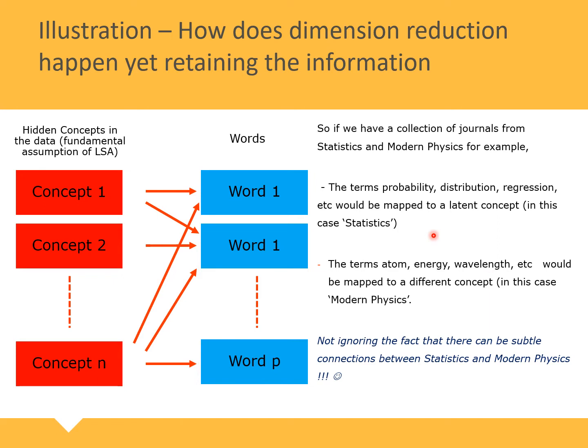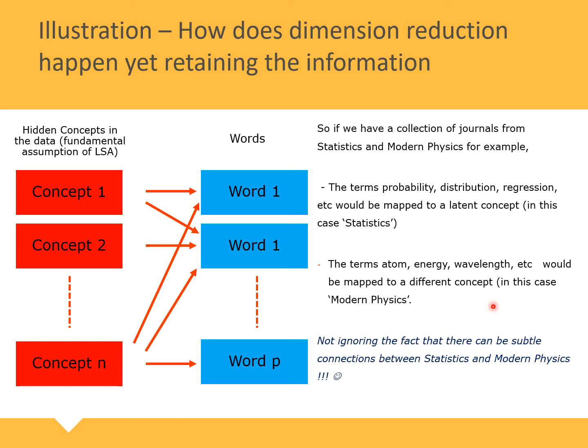Obviously at the onset you will not know that statistics and modern physics are the two hidden concepts, right? Because concepts are latent, they are hidden. It's not known to you what the contexts are. But by looking at the term co-occurrence structure, you can find the pattern that the terms probability, distribution, and regression are more likely to occur together in some documents, whereas the terms atom, energy, wavelength, etc. are more likely to occur together in some other documents.